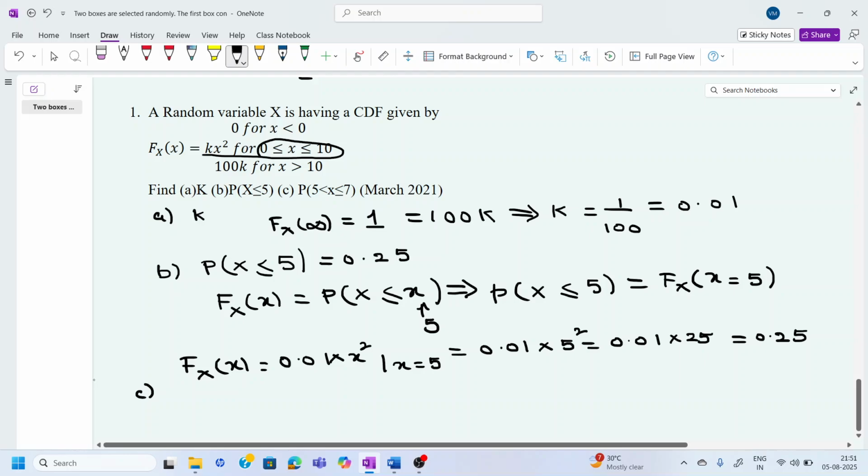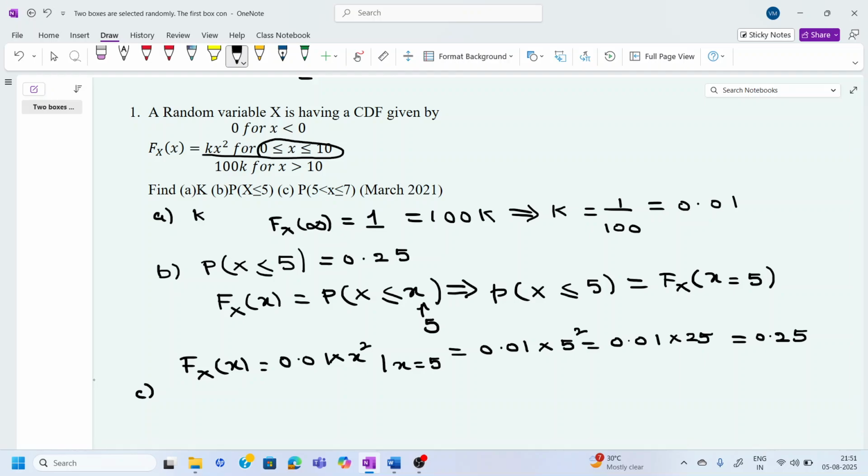Next, the last bit. For this we will use another property of the distribution function: the probability of the random variable taking values between two values, x1 less than x less than or equal to x2, is nothing but Fx of x2 minus Fx of x1.